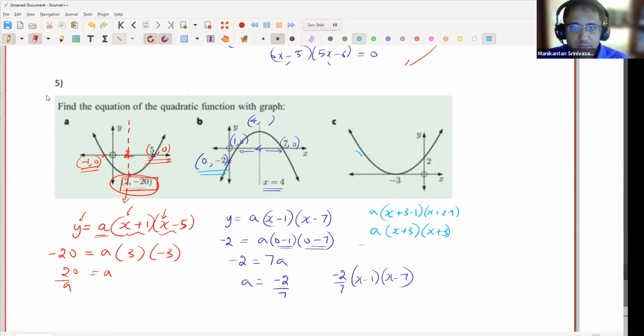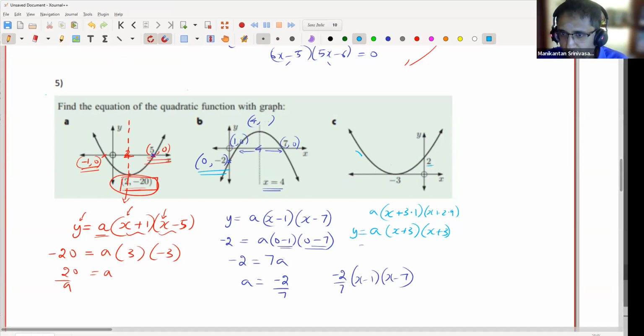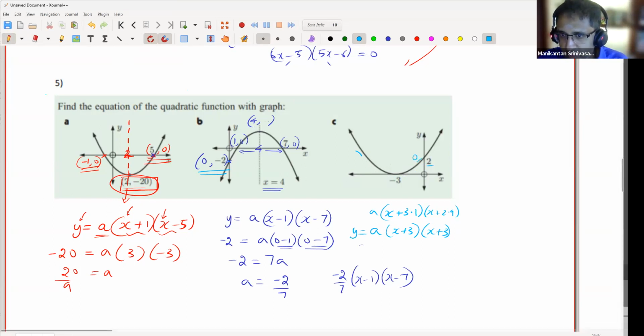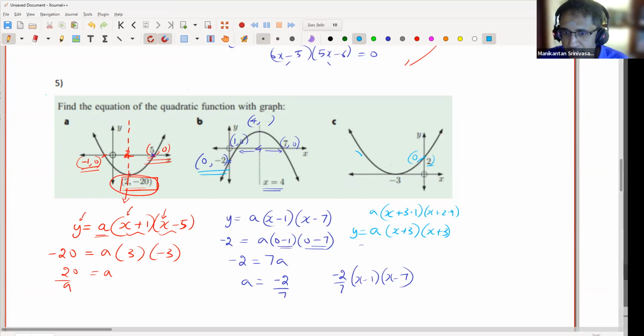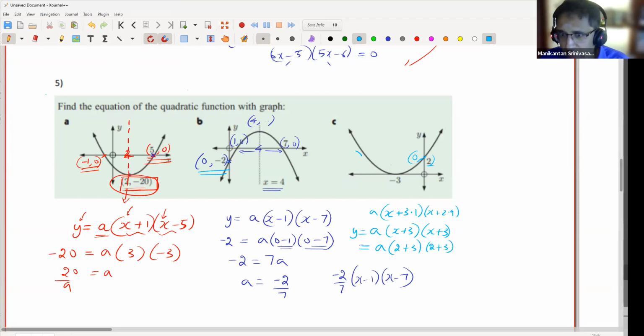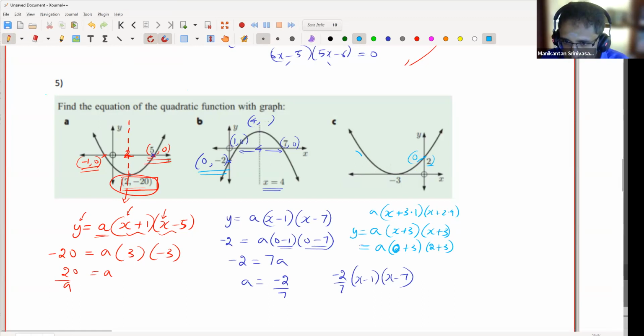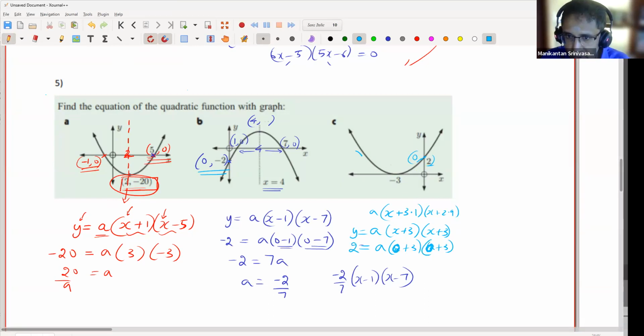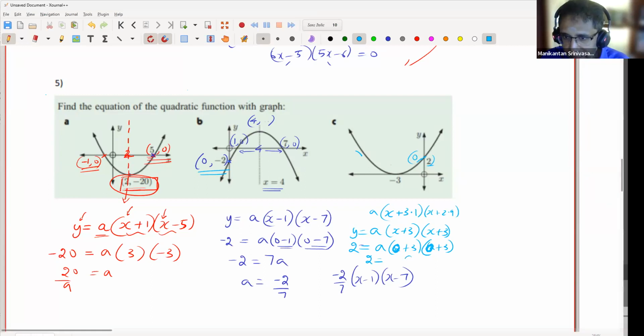So now I also know some extra detail. What is the extra detail? That it passes through 2 on the y-axis, which means this point is 0 comma 2. So I'll substitute the same way as we did earlier. When x is 0, I'm sorry, I made a mistake. When x is 0, y is 2. So 2 equals 9a, right?